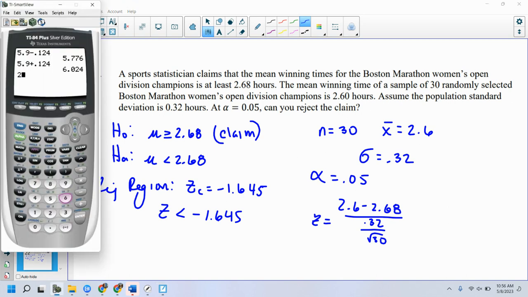Okay, so 2.6 minus 2.68 is negative 0.08, divided by 0.32 divided by the square root of 30. Negative 1.37.